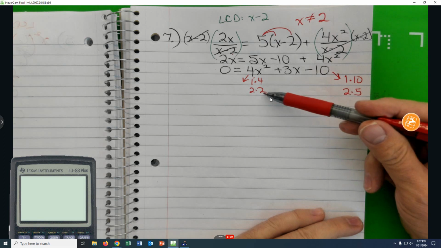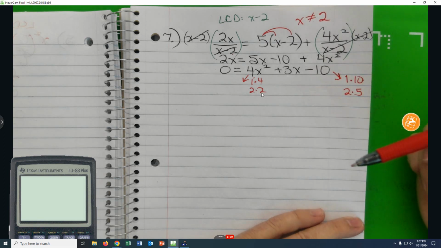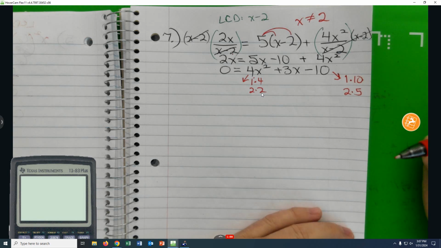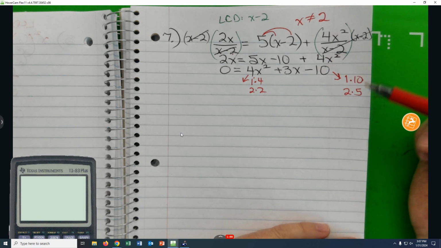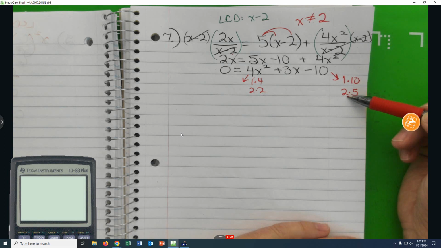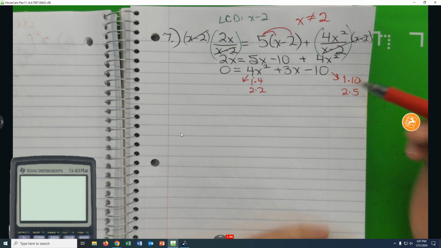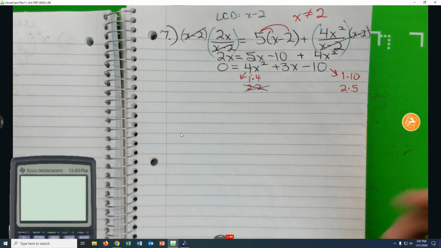So if you use 2x and 2x, you'd have to pair the 10 with the 2. You can't have two even numbers inside the parentheses. So I think I could discard that 2 and 2. If you tried to use 2x and 2x, that 2 would be paired with the 2x. So I can discard the possibility of the 2 and 2.